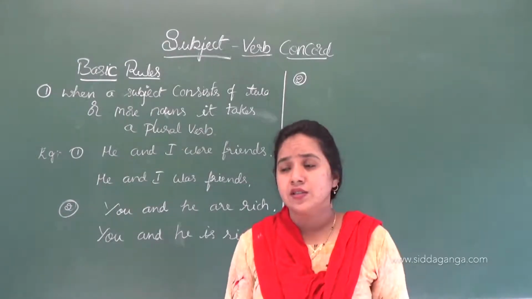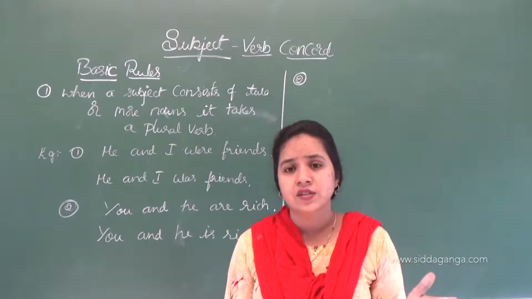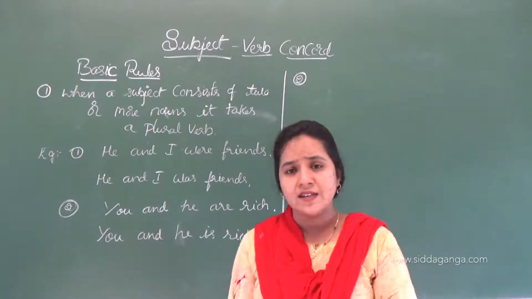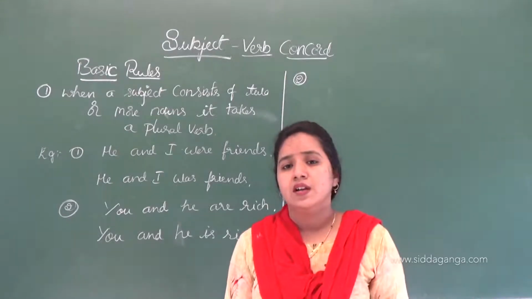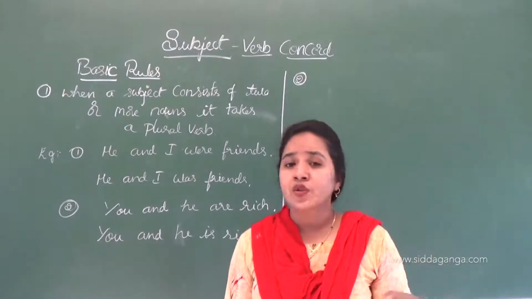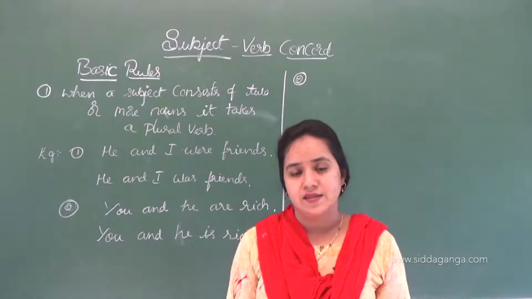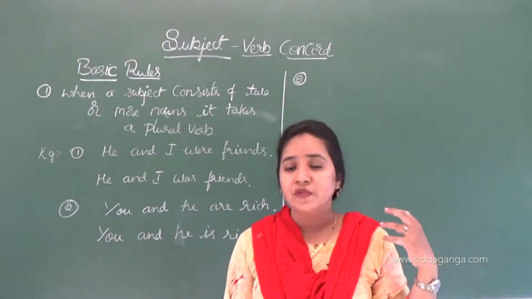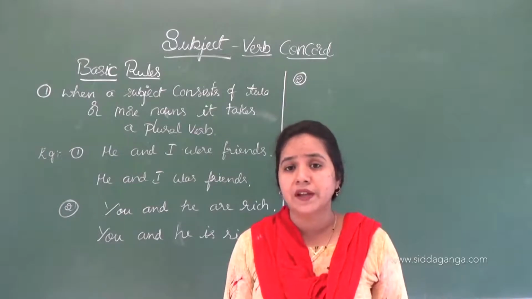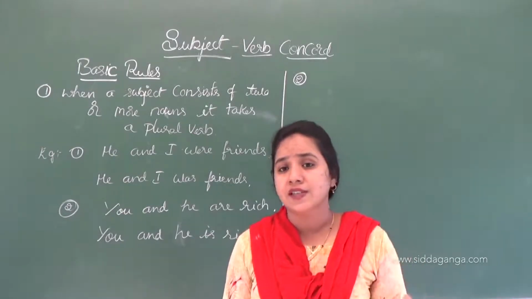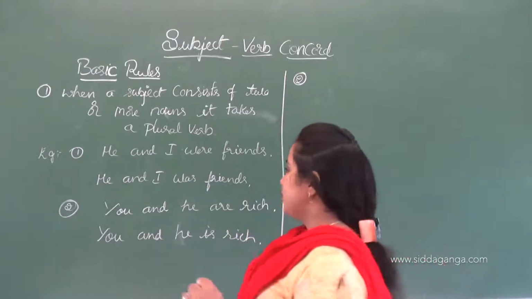To clarify those doubts and confusions, if we understand the basic rules of subject verb concord, we can make any kind of sentence, give the complete meaning, and speak it out with proper sentences. Let's see here.